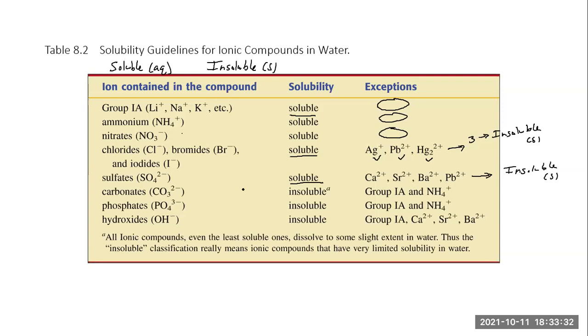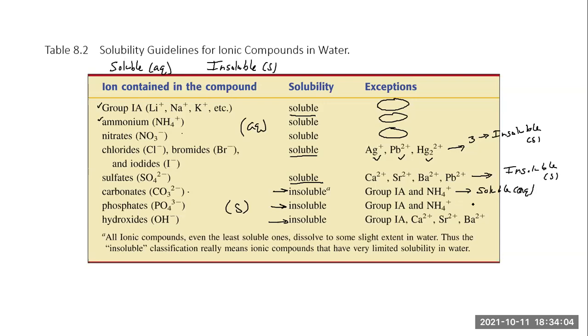There are certain things that are insoluble. So carbonates, phosphates, and hydroxides, if you see any of these in a chemical formula, they're going to be insoluble, which gets the S normally, as opposed to the others that get the aqueous. But if there is group 1 or NH4+, which are the ones from above, they would then become soluble and be aqueous.